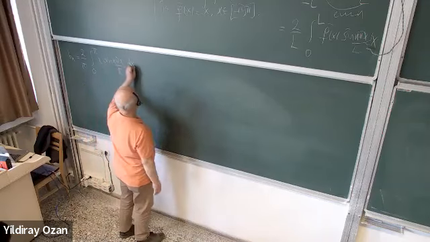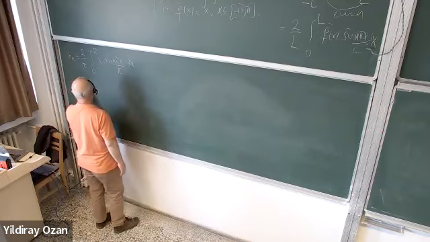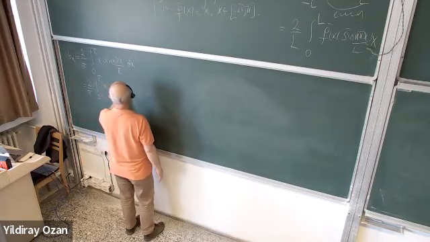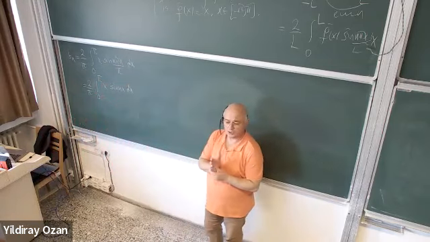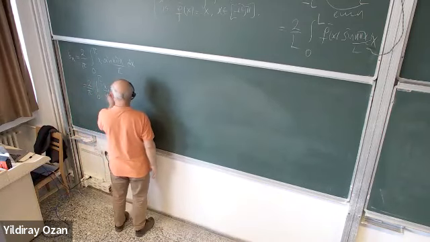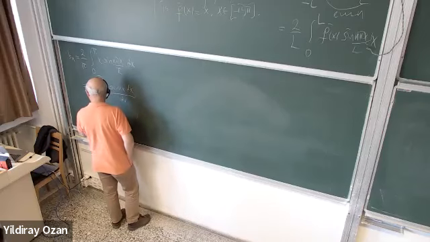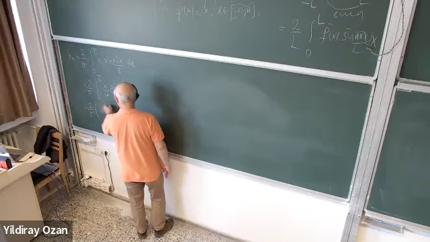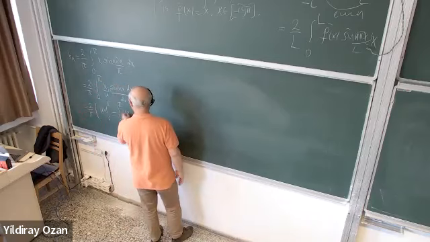Therefore, this is just 2 over pi integral from 0 to pi of x times sine nx dx. And then we use integration by parts to compute this. So this is just u, this is dv. So this is just 2 over pi times uv from 0 to pi minus the integral from 0 to pi of v du.